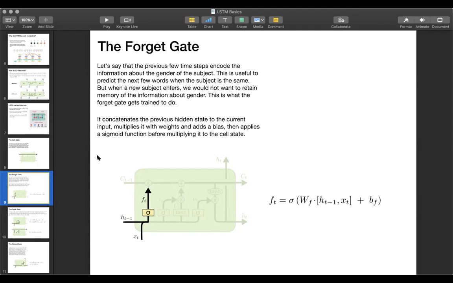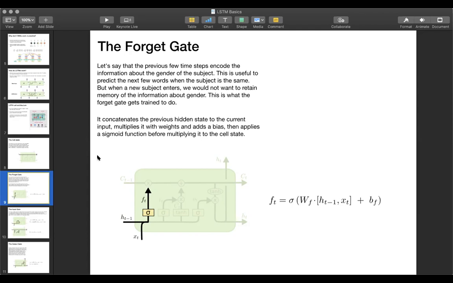Let's say you're talking about two different people and you have mentioned a gender before, which has to do with a particular person, but not the second subject. So an RNN would not understand what to do with that information. It would consider that gender to be associated with every word that is there in that particular sentence.